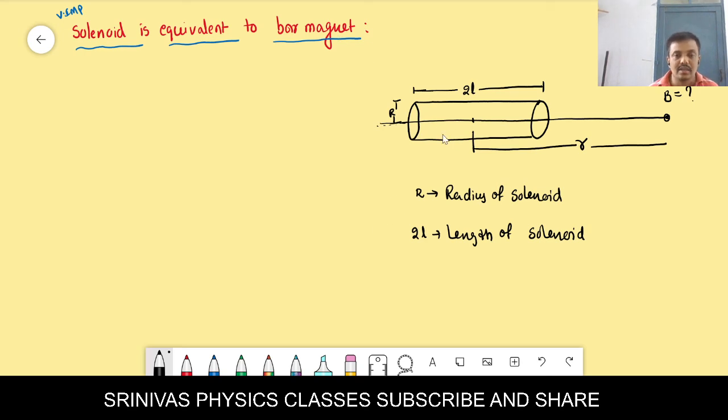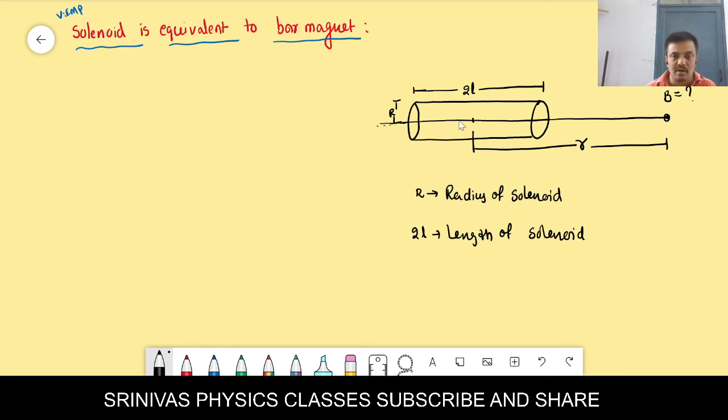This is a solenoid that you are looking at in the picture. I will find out the magnetic field due to the solenoid. After finding it, if I show that it is equal to the magnetic field generated by the bar magnet, which also generates a magnetic field, then we say that the solenoid is equivalent to a bar magnet.